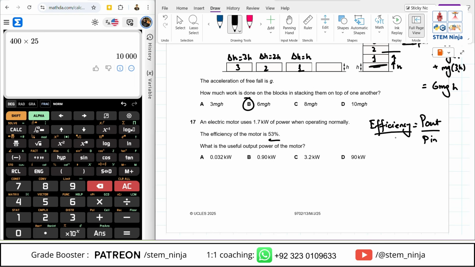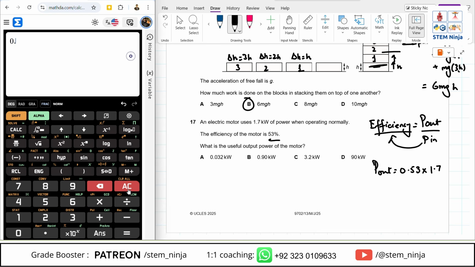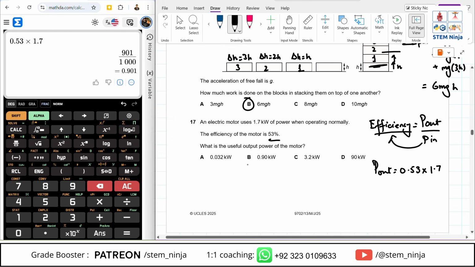So power output would just be efficiency times power input. So power output would be 0.53 times 1.7. You can keep it as kilowatts, it doesn't matter. 1.7, that is 0.901. And this would be the B part.